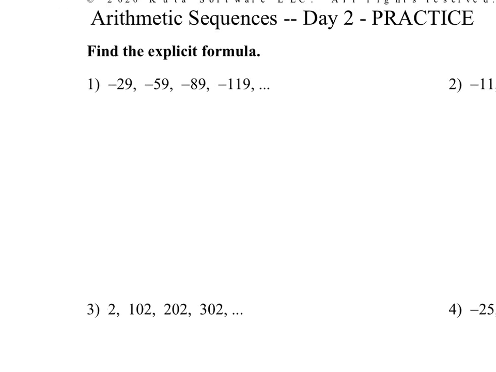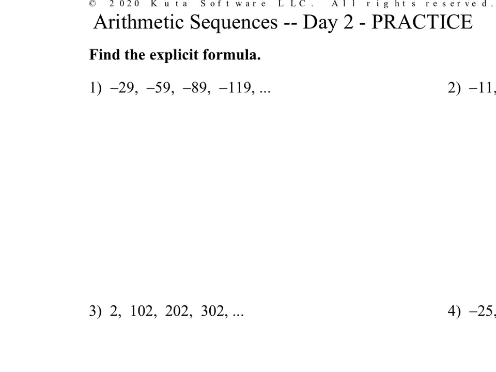Okay, the directions simply state to find the explicit formula. Okay, well, here's what I want you to remember. What did I say you have to know to write the explicit formula? You need A sub 1, which is your first term, and then you need your common difference, which is D. Now, do we know any of those right off the bat?